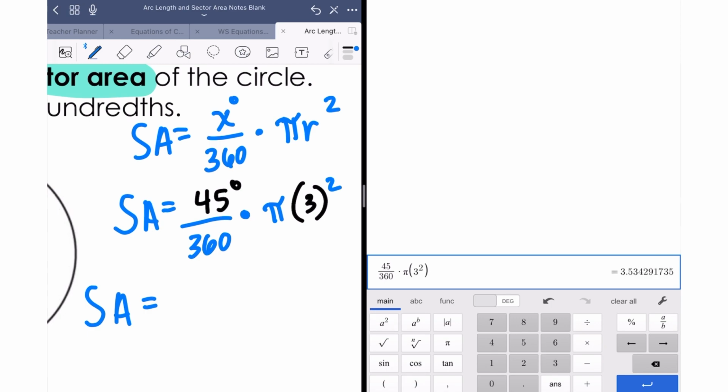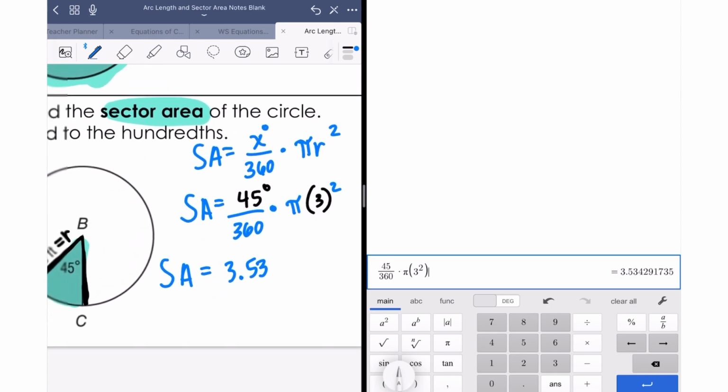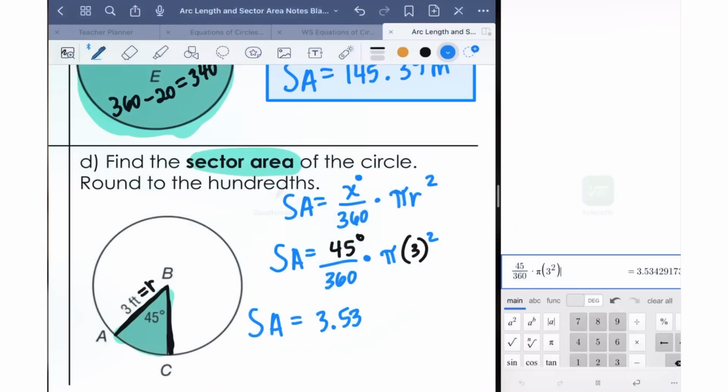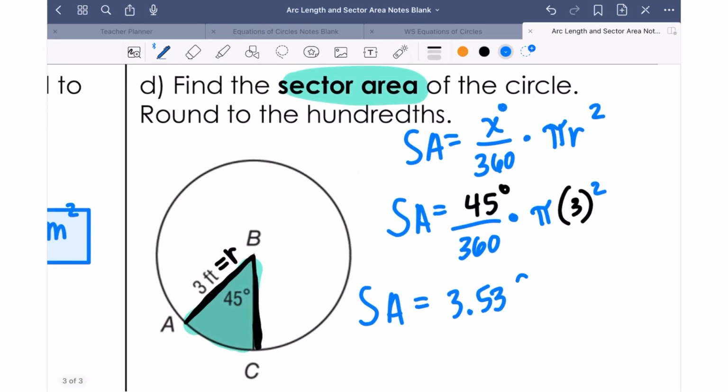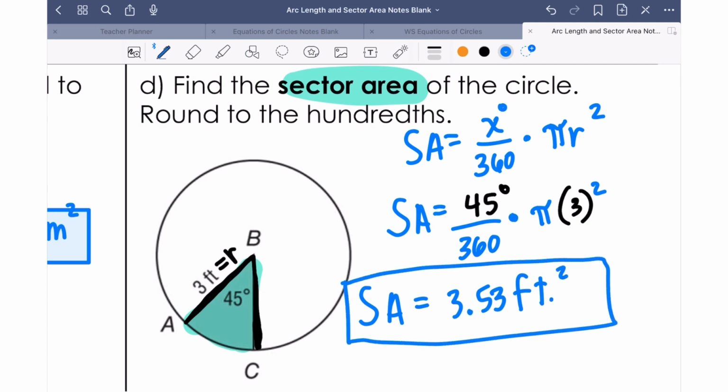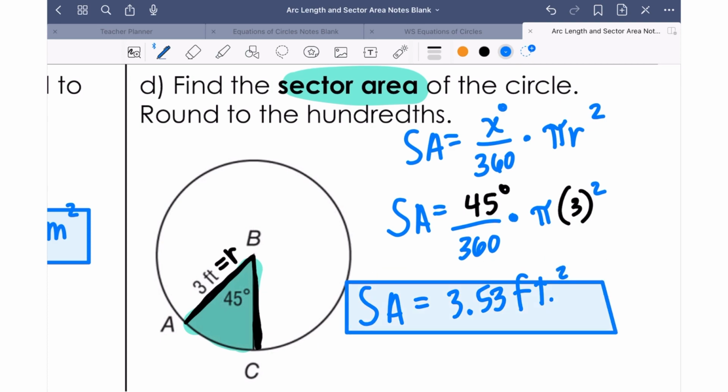So it's a small number, but we'll take it, 3.53. And this one was feet. So 3.53 feet squared. All right, that is sector area for you.